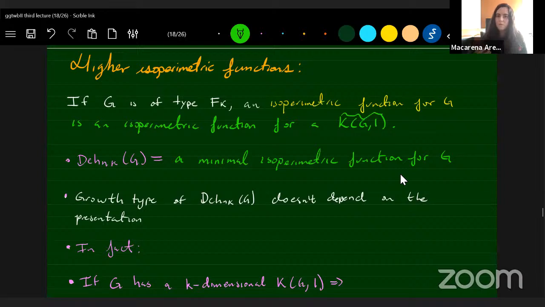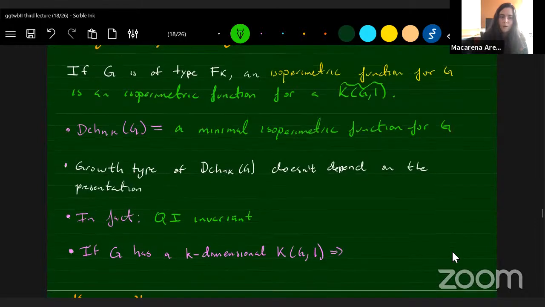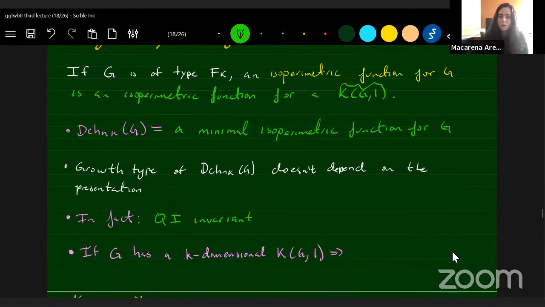It's an invariant of the group, as long as you start with a presentation that has the right finiteness properties. And it is also a QI invariant. One observation is that if G has a k-dimensional classifying space, its higher order Dehn functions.